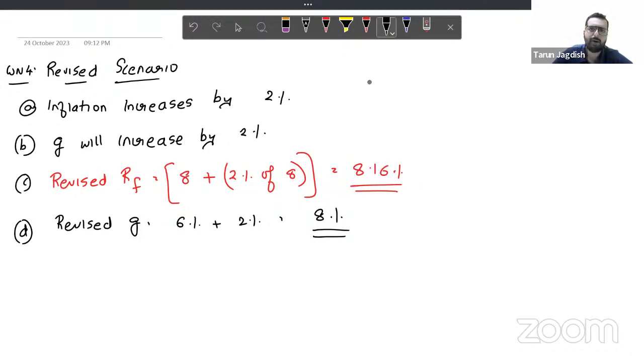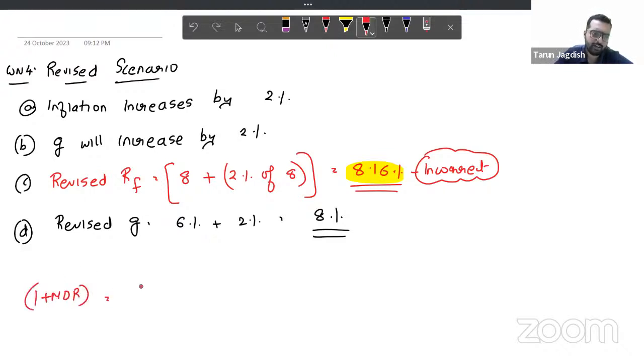But this part is actually incorrect. I will tell you why this is incorrect. All right. Because, friends, if you remember what I have taught you in the chapter of international capital budgeting, we have learned that in order to add inflation, we have an equation: 1 plus MDR is equal to (1 plus RDR) into (1 plus IR).